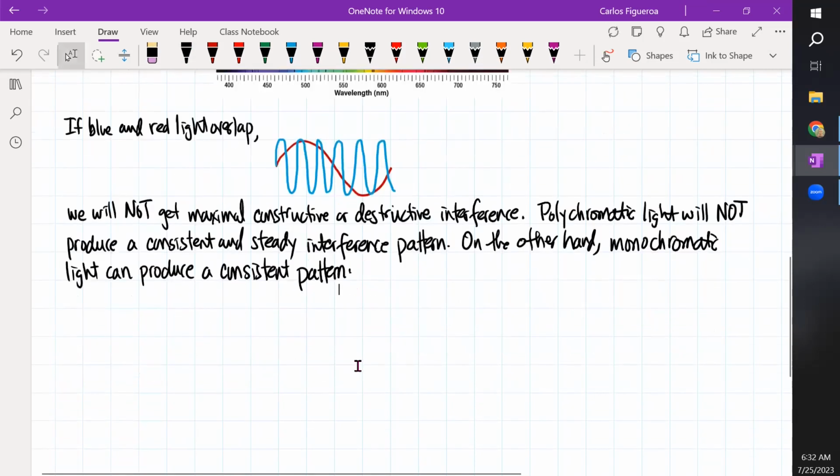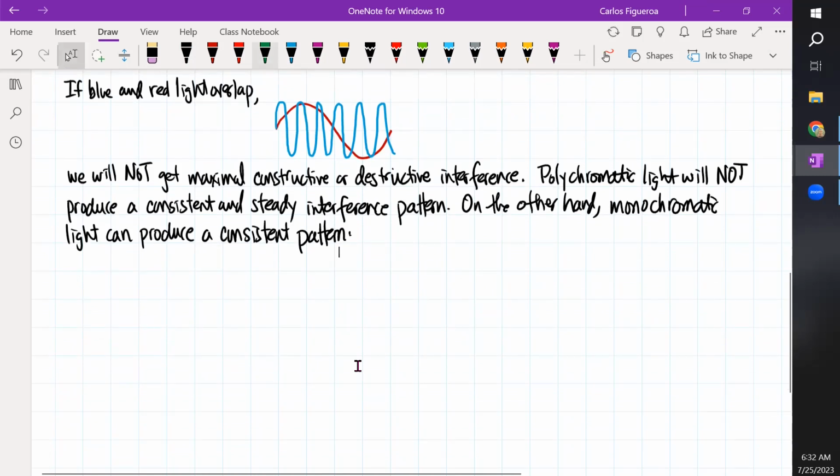And if I look at this a little bit more detailed here, I'm going to draw these with different colors, but remember, it's a single frequency. The colors are only here to really separate the two waves.